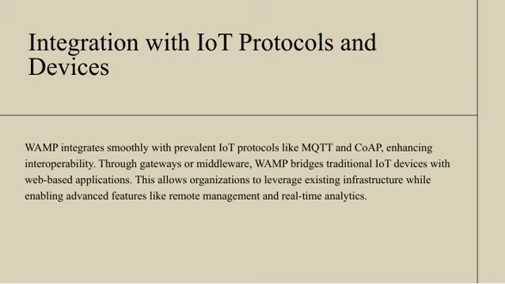This is a game changer because it allows organizations to leverage their existing infrastructure while adding powerful new features. For example, remote management becomes much easier, and real-time analytics can be implemented to gain immediate insights. Overall, this integration reinforces the idea that WAMP is a flexible and robust solution for modern IoT ecosystems.